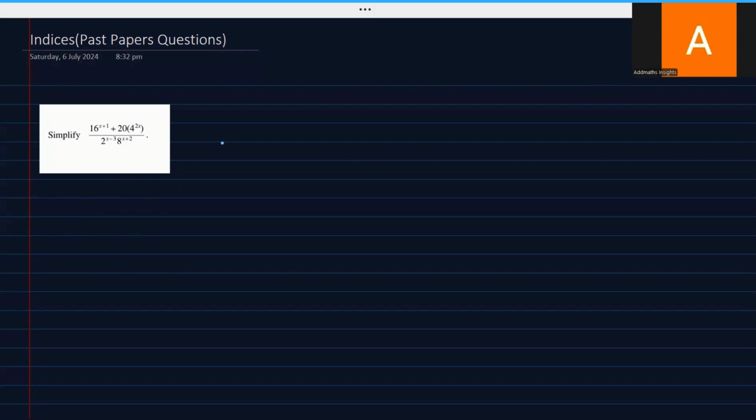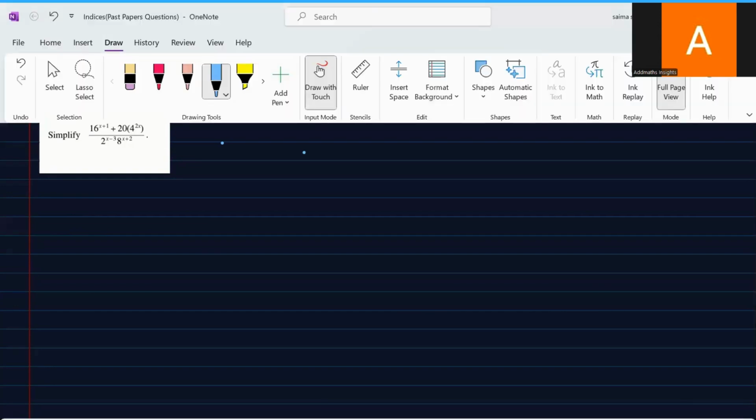As you know, the rule is that you need to make the bases the same. So you can express all of them with base 2.